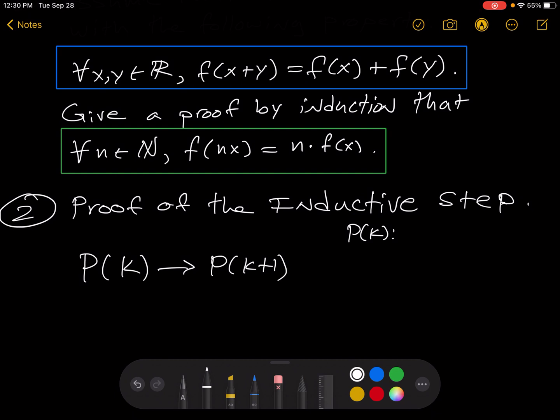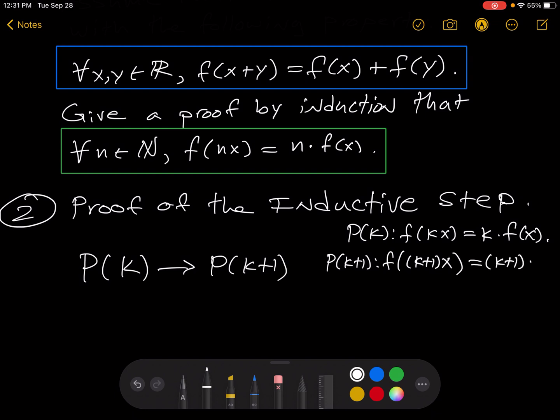P of k is f of kx equals k times f of x. And P of k plus 1 is f of (k plus 1) x is equal to (k plus 1) f of x.